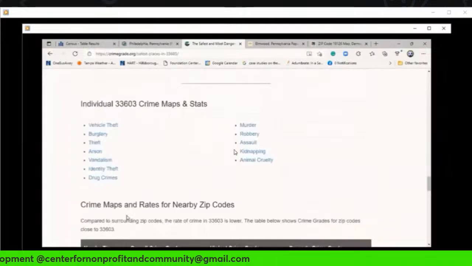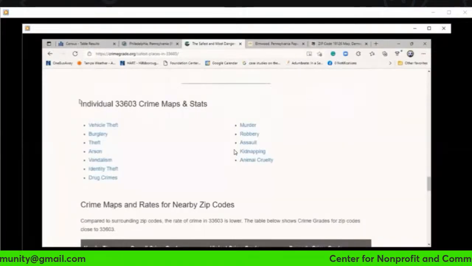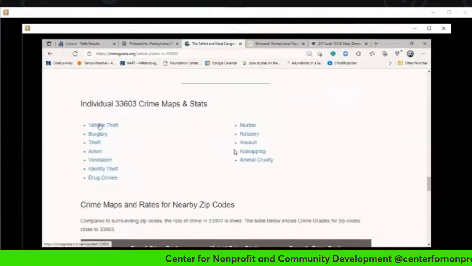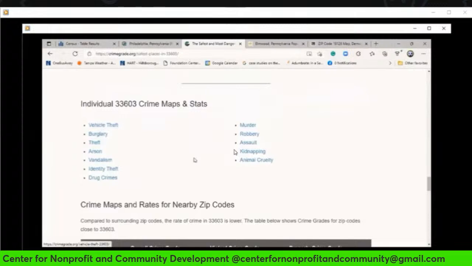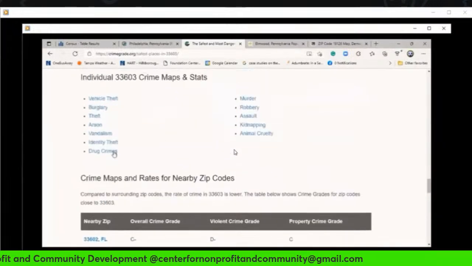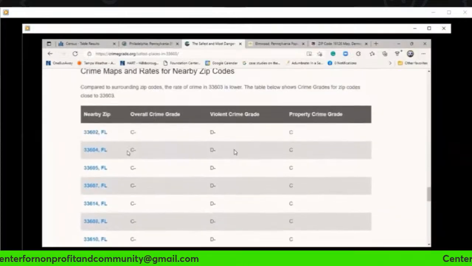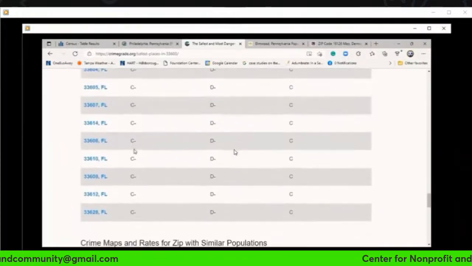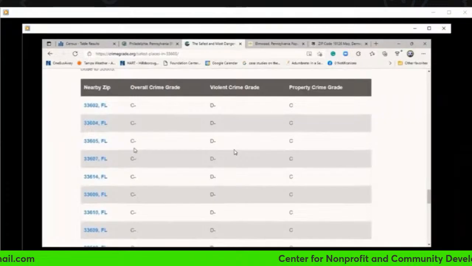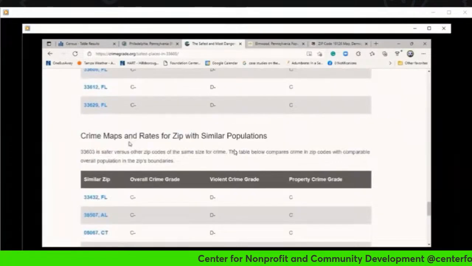It also gives a breakdown that we can click on, and you can see what it looks like when it comes to these different types of crimes. And you can go to the site and click on these individually. And then finally, you can compare your zip code to other zip codes.